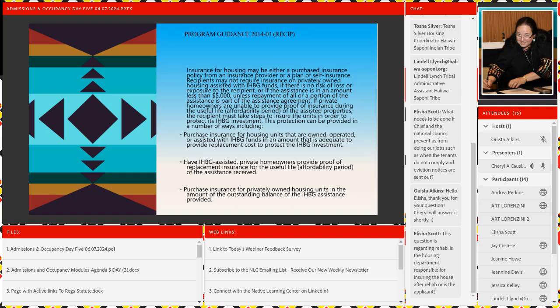If you're putting in more than $5,000, unless repayment of all or a portion of the assistance is part of the assistance agreement. If private homeowners are unable to provide proof of insurance during the useful life or that affordability period of the assisted properties, the recipient must take steps to insure the units in order to protect that block grant investment. This protection can be provided in a number of ways, including purchasing insurance for housing units that are owned, operated, or assisted with block grant funds in an amount that is adequate to provide replacement costs to protect that IHBG investment.